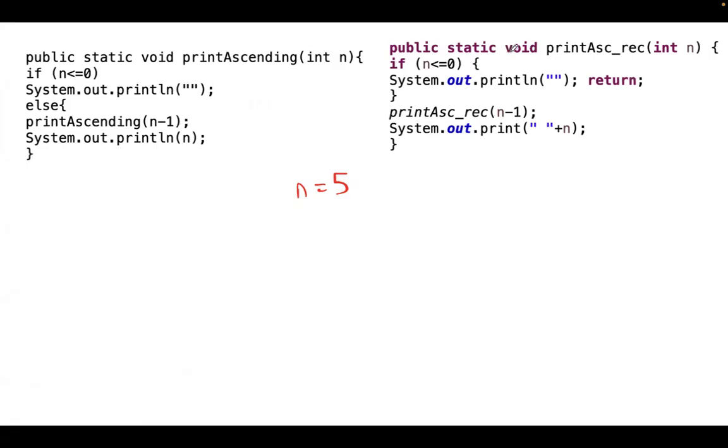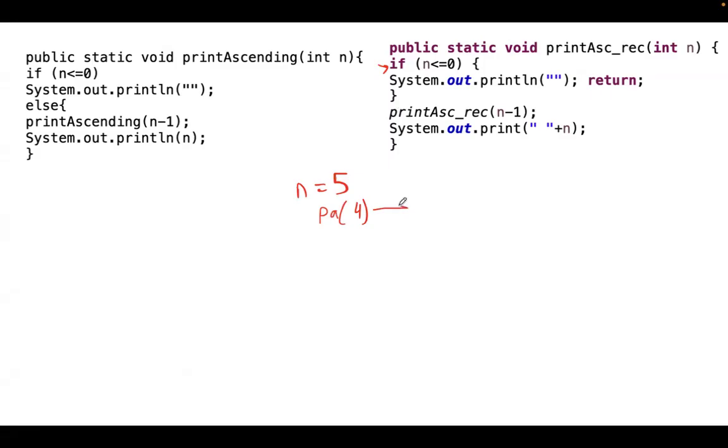So we go here and ask, is n less than or equal to 0? N is 5, so the answer is no. So then we go into print ascending recursively of n minus 1. So we call this for n minus 1, which is 4.